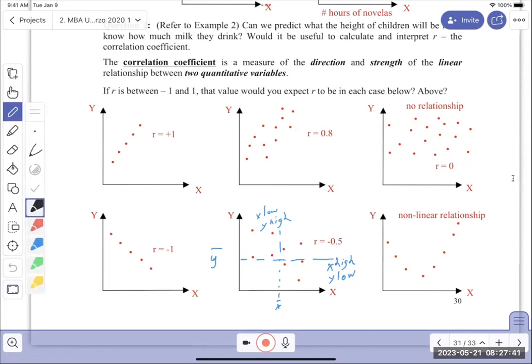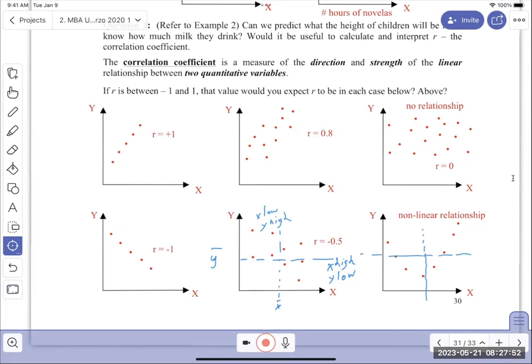In this case, if I cut the data in half here and in half here, you notice every quadrant is full. That's going to end up with an R very close to 0, which you shouldn't be calculating because it's misleading you. That R doesn't mean there's no relationship. It just means there's no linear relationship, but there is clearly some pattern here.